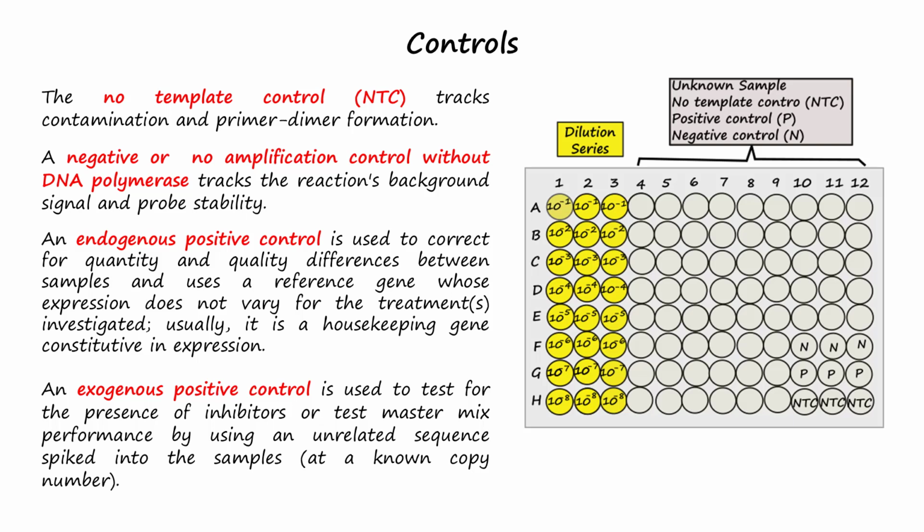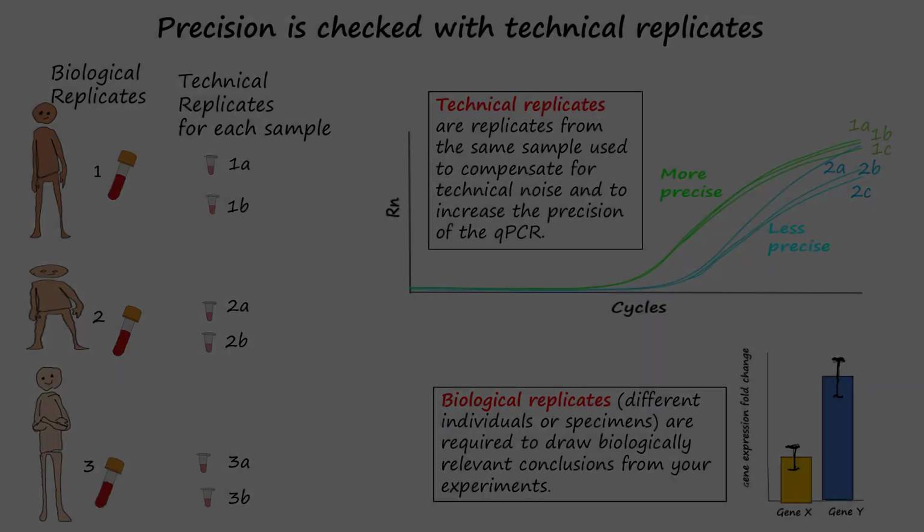An endogenous positive control is used to correct for quantity and quality differences between samples and uses a reference gene whose expression does not vary for the treatments investigated. Usually, it is a housekeeping gene constitutive in expression. An exogenous positive control is used to test for the presence of inhibitors or test master mix performance by using an unrelated sequence spiked into the samples at a known copy number.